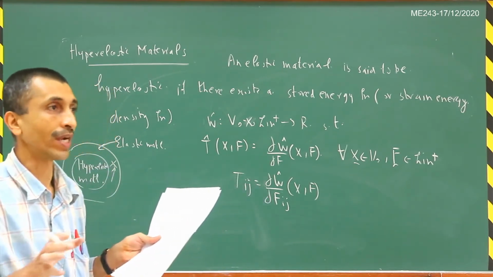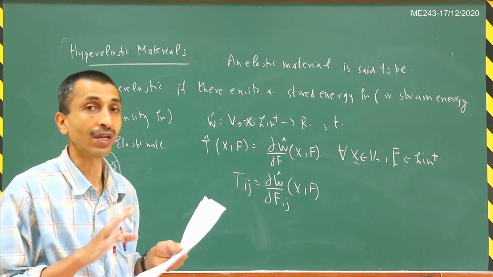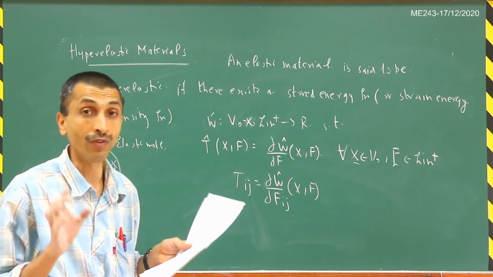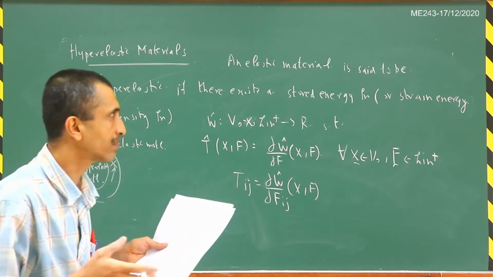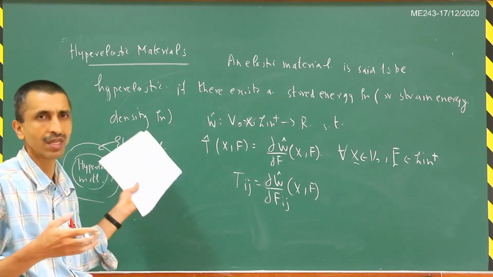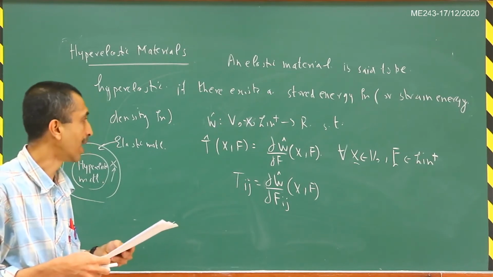So at least in those two special cases, isothermal and isentropic, we can rigorously show that the strain energy density function always exists. For other cases we do not know, but as I said, typically we will still assume that a material is always hyperelastic.